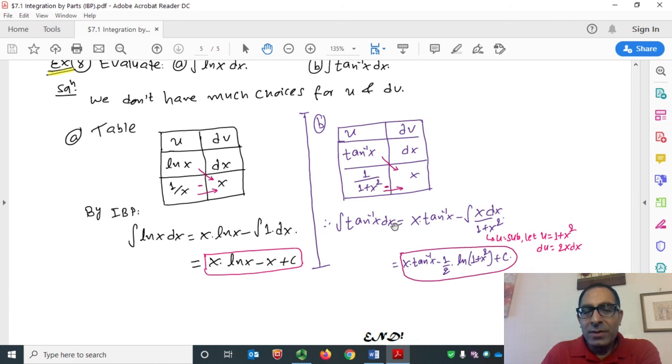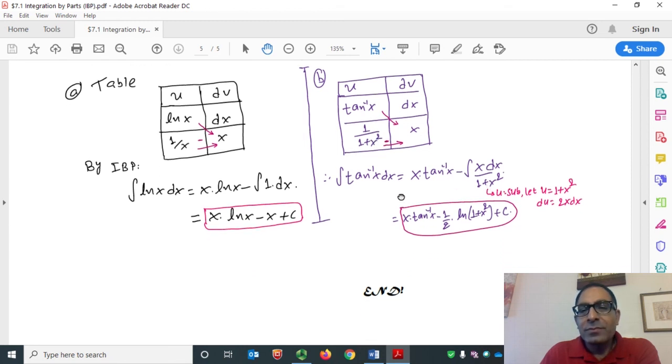And using IBP, the given integral equals, multiply diagonally, x times tan inverse x, and add, multiply straight across, that's the integral term, but this minus gives me this minus here, the integral of x over 1 plus x squared dx.